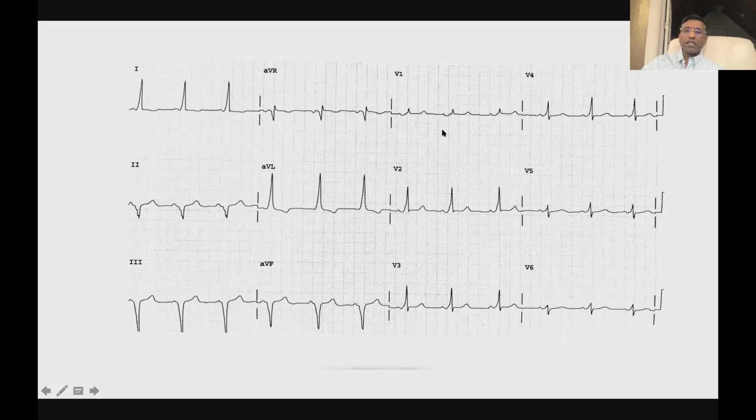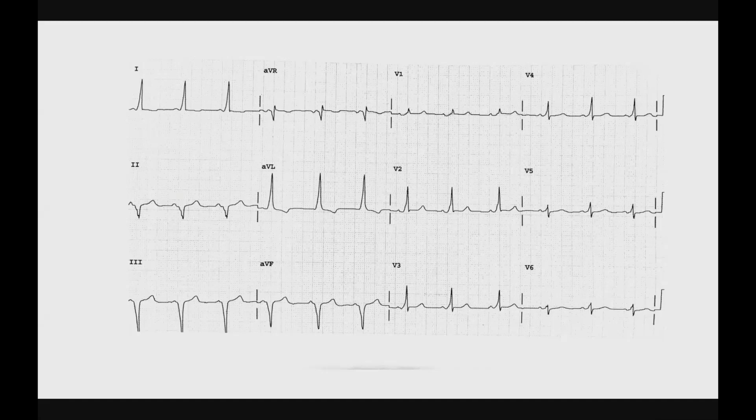If you had a strongly positive delta wave, and in fact, the faster this person's heart rate would go, you're going to get a taller and taller complex here in lead V1. All of the activation is coming over towards the right ventricle from a left-sided pathway.